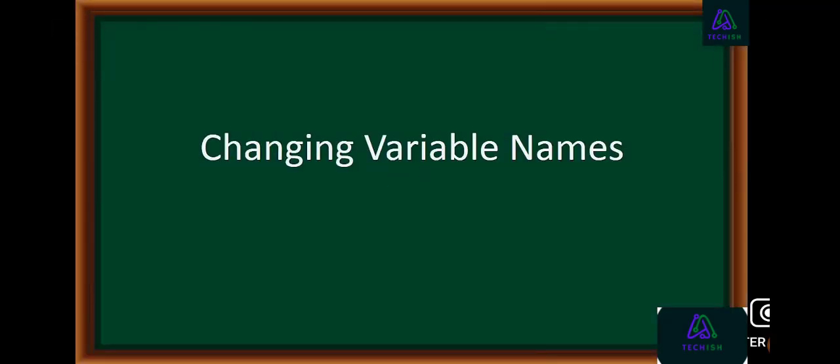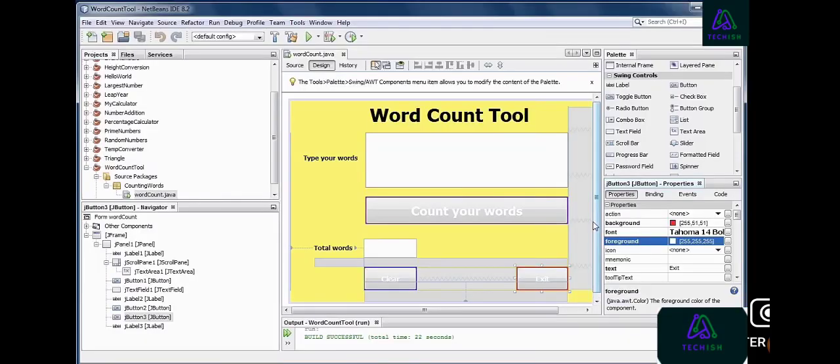Welcome. In this lecture, we are going to change the default variable names for our JFrame components. By default, when you create components in this navigator area, they are given the default name for that component.